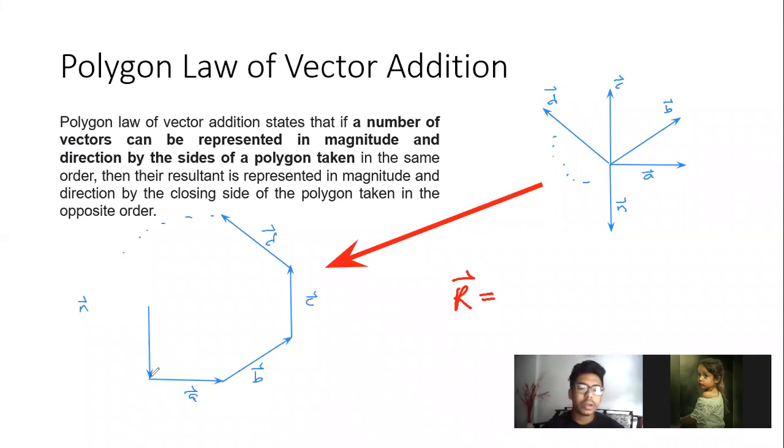So the starting point and ending point coincide, right? So what is the length of that side? It's 0, no? So what can you tell about the resultant vector?